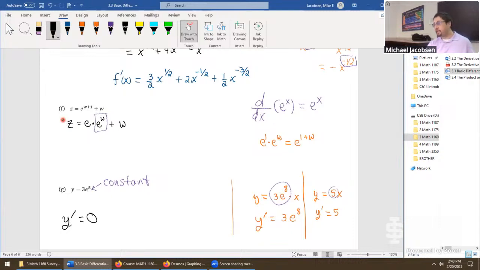But after we get to this stage, we can say either z prime, or let's write dz dw, because these are strange variables. This is our way of asserting w is the independent variable that we're differentiating with respect to. We hit it with the constant multiple rule, which just says copy e down. It's multiplying so it doesn't go away.